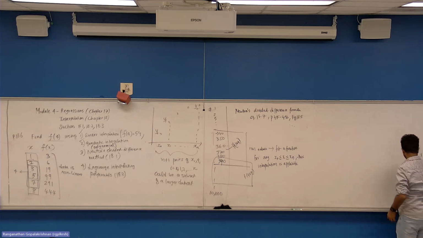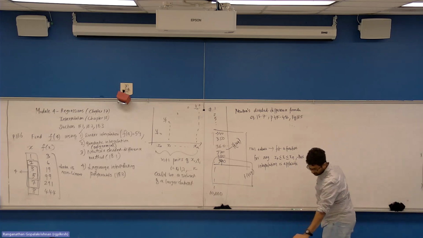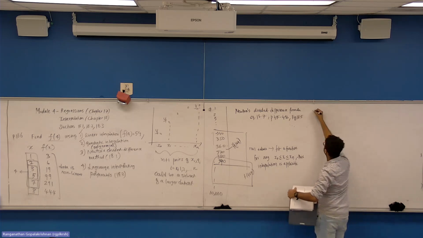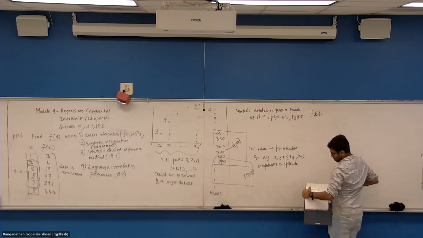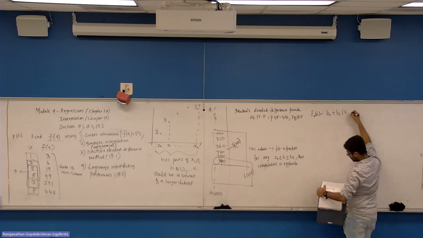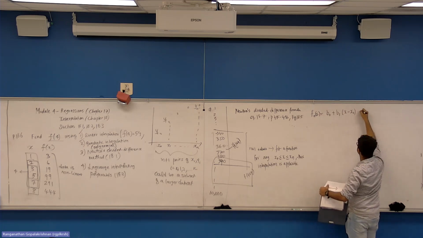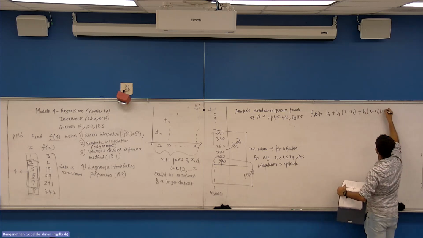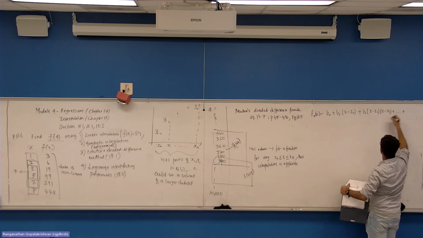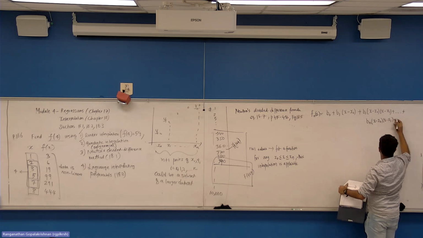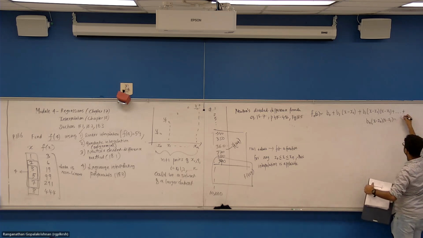These are the kind of formulas you will need to write on your sheet because it's not easy to remember this right away. fn of x equal to b naught plus b1 times (x minus x naught) plus b2 times (x minus x naught) times (x minus x1), plus and so on up to bn times (x minus x naught)(x minus x1), the product continues up to (x minus xn minus 1).